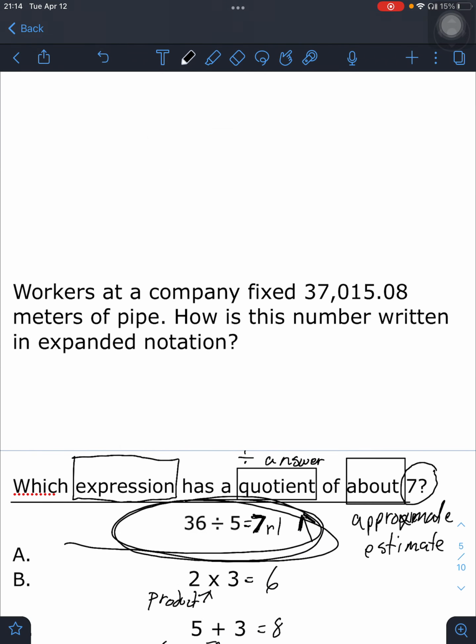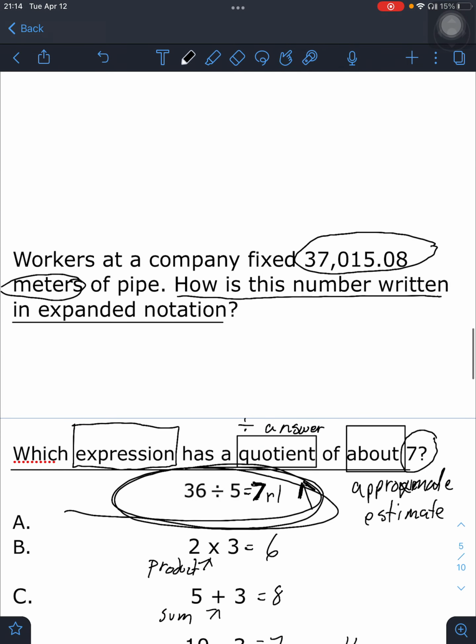Here we have workers at a company fixed 37,015 and 8/100ths of a meter of pipe. So our important information. Underline the question itself, which is, how is this number written in expanded notation?